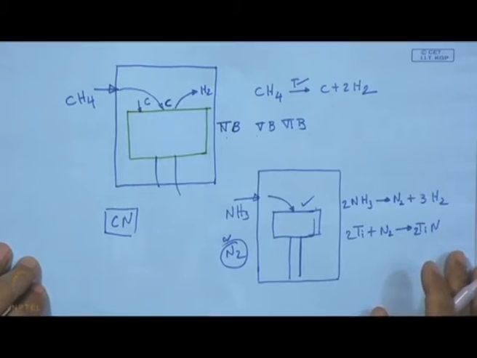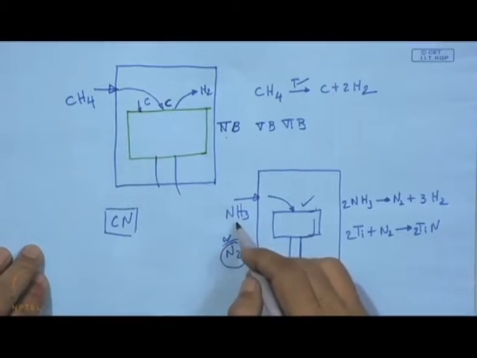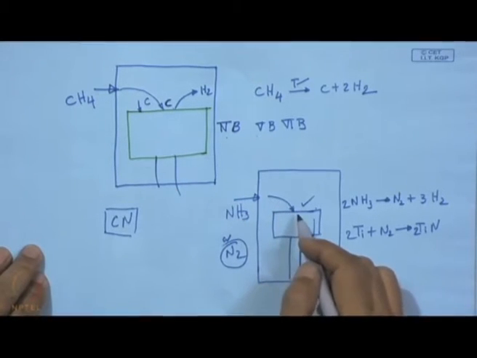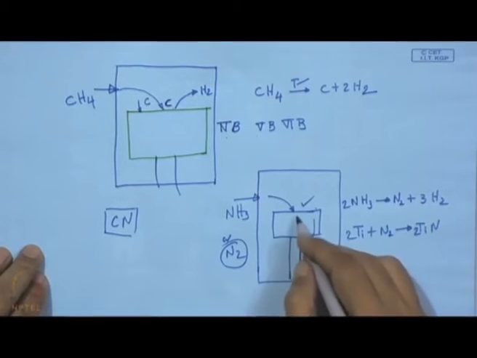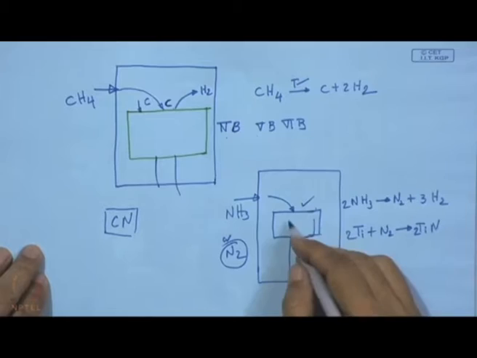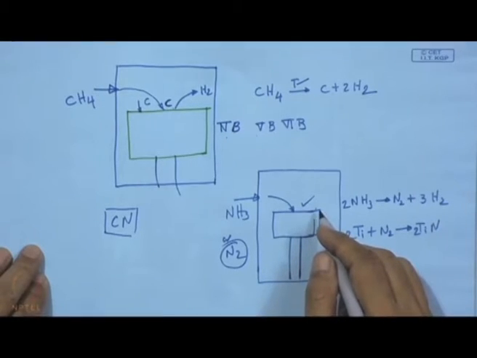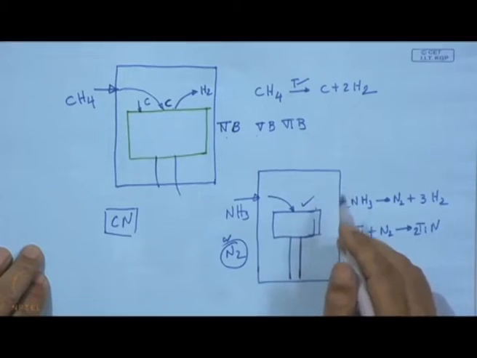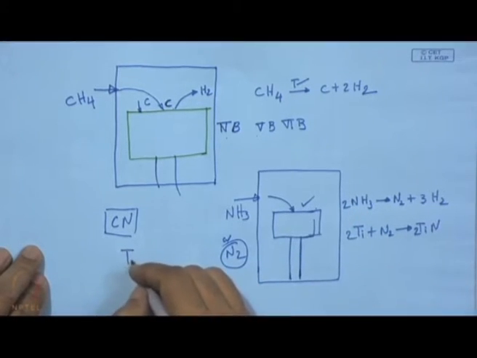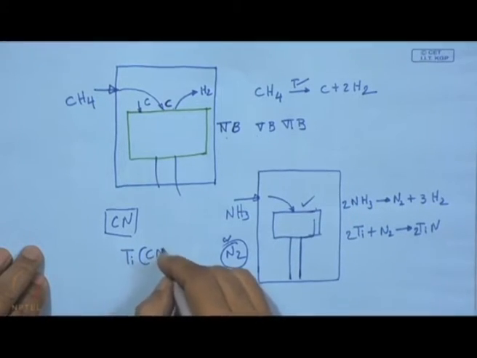We only have to have a controlled quantity admittance of methane and nitrogen, maintaining a certain pressure. It can be at atmosphere or below atmosphere. With that we can hope to get a coating of, say, titanium carbonitride or chromium carbonitride and so on.